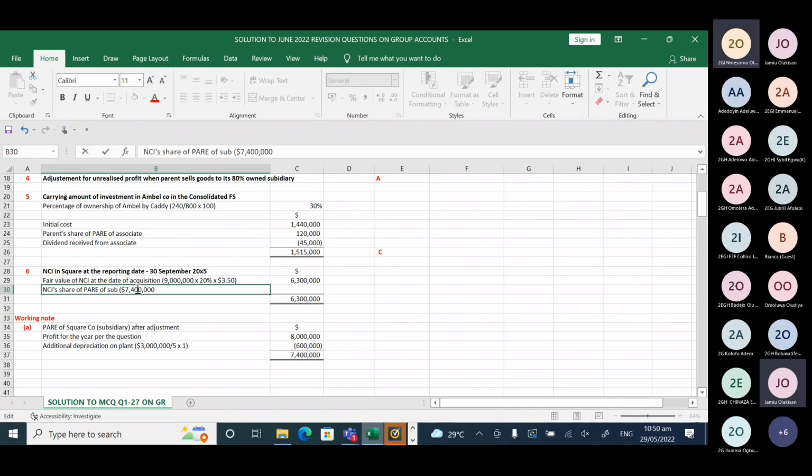So what are the fair value adjustments? Does that always affect your retained earnings? You only use that to calculate. That is why I said go and check any. Unfortunately, the Excel I'm using here is different from the one I've used to solve all those questions for you. Fair value adjustment, we put it in the column of at reporting date and in the column of at acquisition date. Do we always extend it to the post-acquisition retained earnings column?